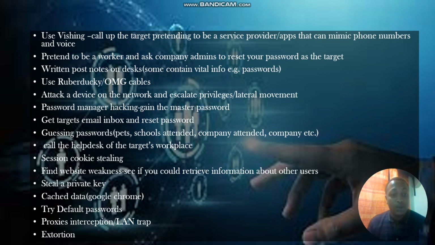Now, another way we could get into an account, and we talked about this earlier, is by using cached data. We talked about Google Chrome, and I should drive this point home. Avoid using Google Chrome, and this happens to all Google platforms.